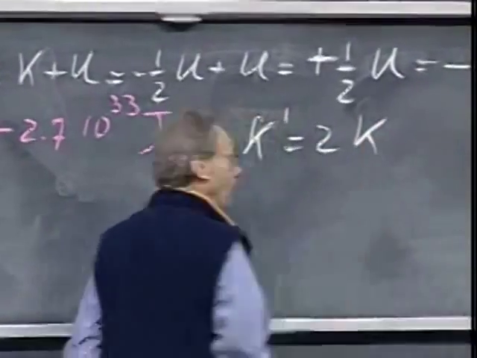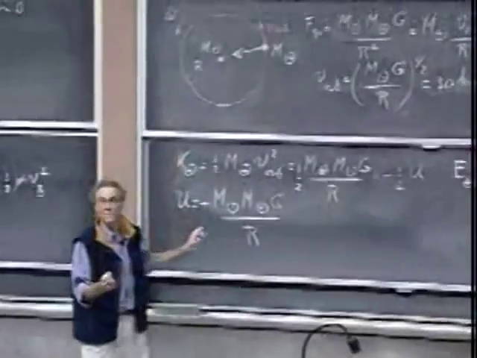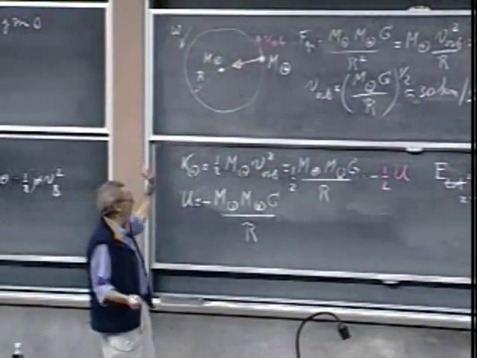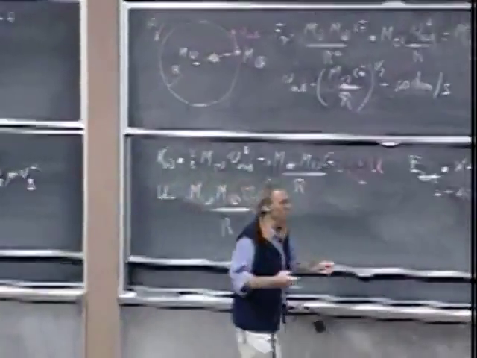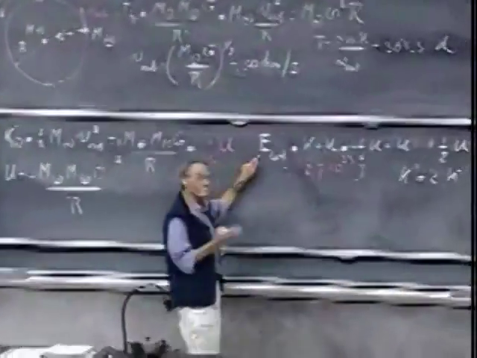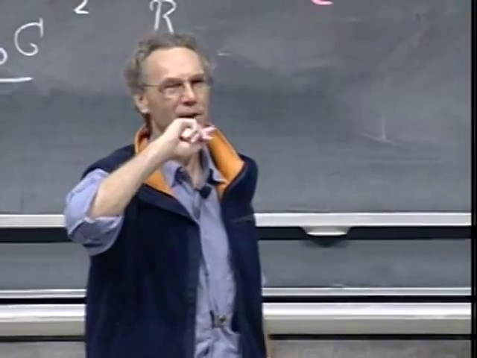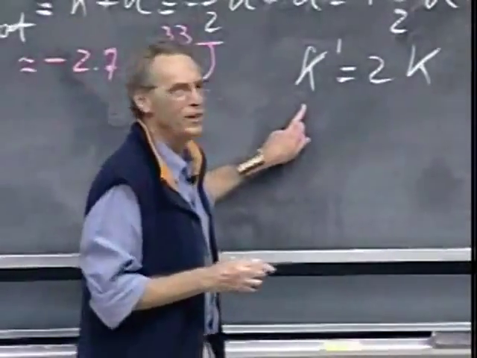If I add the kinetic energy K, then the new kinetic energy after the rocket burn would be exactly 2K. The potential energy is not changing, because you fire the rocket when you're there, and so you're still at the same position after the rocket fire, and so your potential energy hasn't changed, but your kinetic energy must have doubled. If it hasn't doubled, this doesn't become 0. Aha! But if the kinetic energy has doubled, then the speed must have gone up by the square root of 2, because kinetic energy is proportional to v squared.